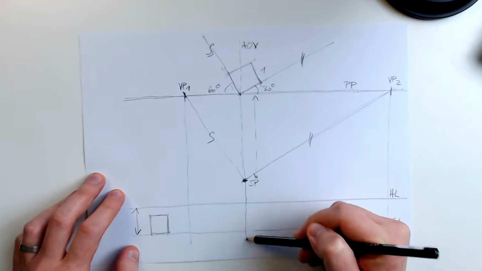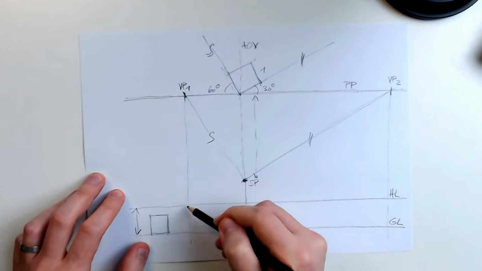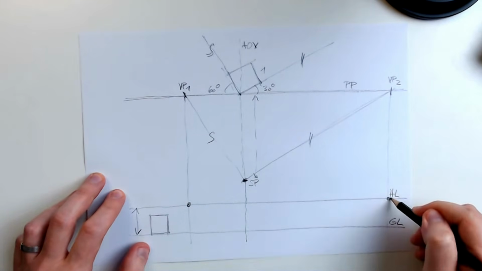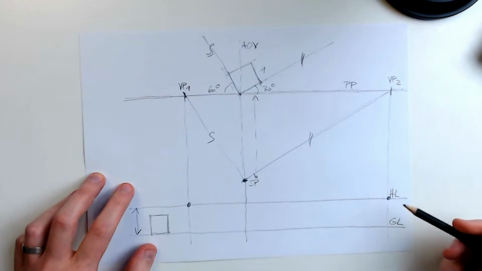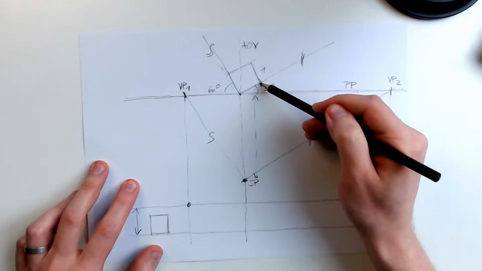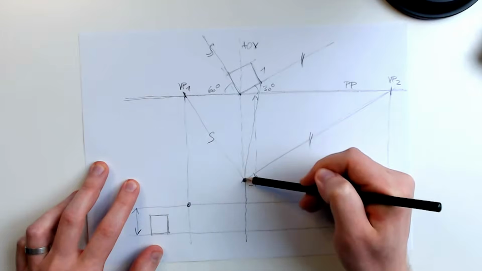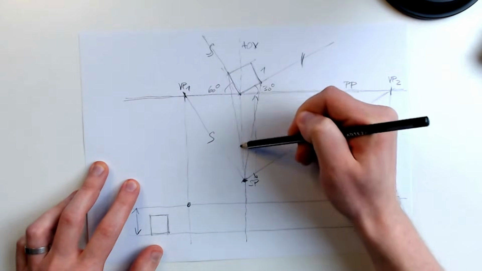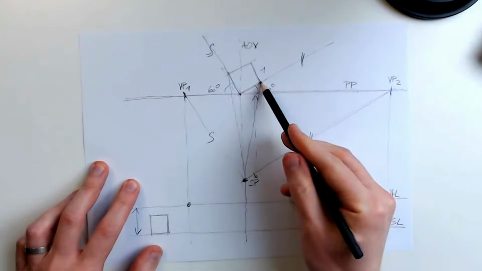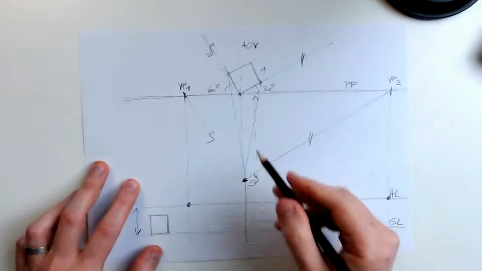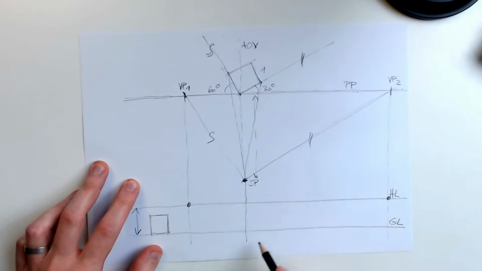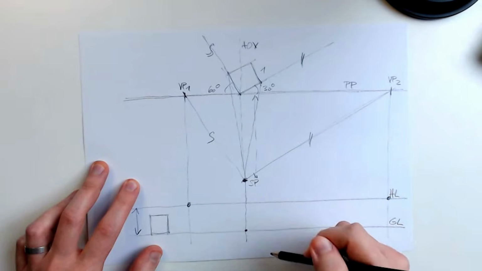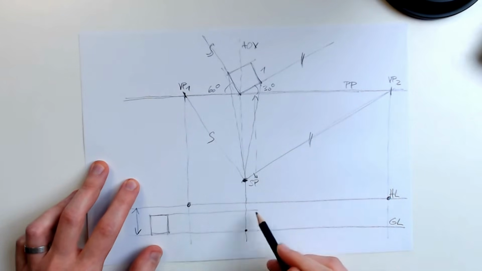And now what I have is the vanishing point 1 and 2 on the horizon line. And what I can do is to connect my side with the edges of the box. So I know it's sitting on the picture plane, so it will be sitting on the ground line in here. This is the front edge.